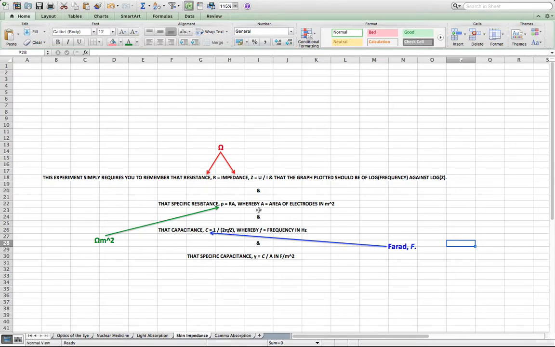And for this, you have to remember the standard unit of area is meters squared. So it's unlikely that the electrodes will be a meter in size. And I think in yours there were millimeters. So remember to convert the dimensions from millimeters to meters before coming up with the final value in meters squared.